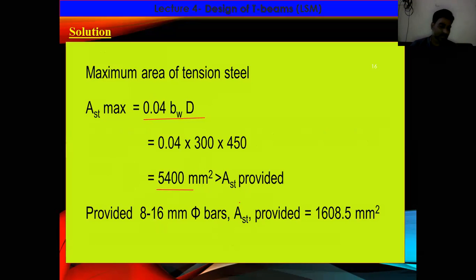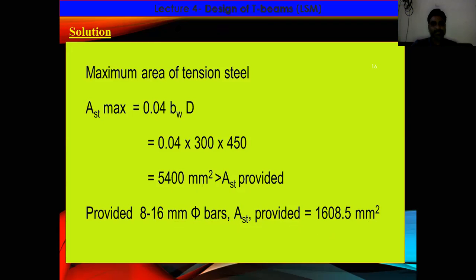So here I got 8 bars of 16 mm diameter. Therefore, provide 8 numbers of 16 mm diameter bars as tension reinforcement, and the area of tension reinforcement provided is 1608.5 mm square.